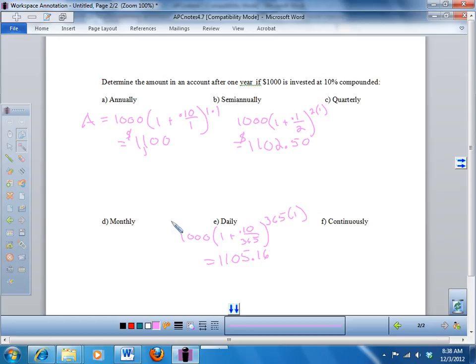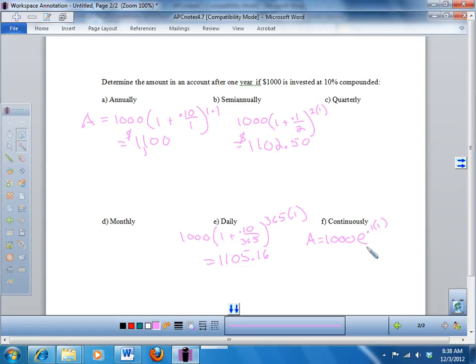And then continuously, you get that the amount is equal to P, which is 1,000, E to the R, which in this case is 0.10, times T, which is 1. And if you remember, P, E to the R, T, where R is your interest rate, and T is the amount of time that it's invested for.